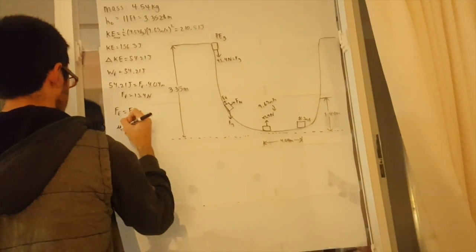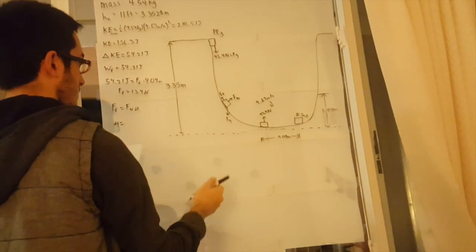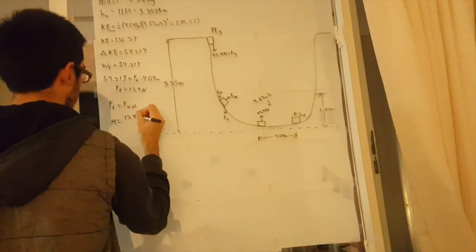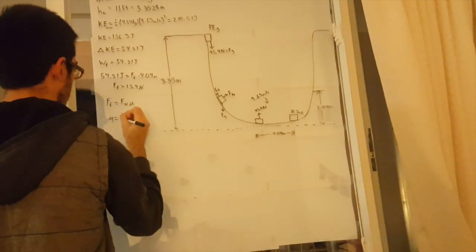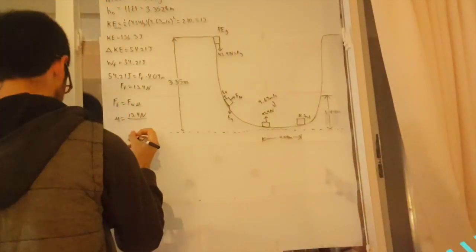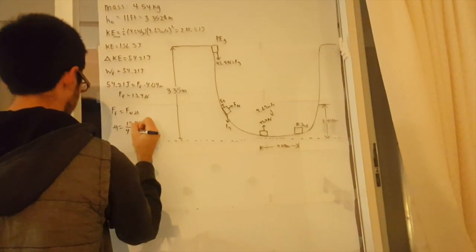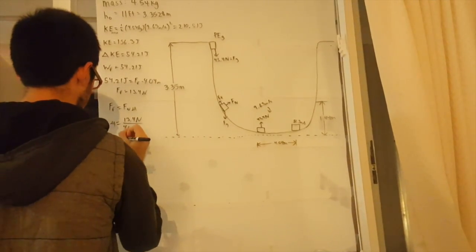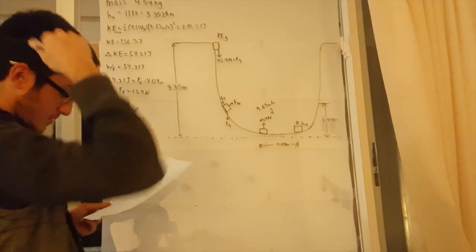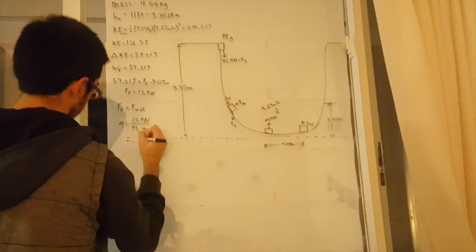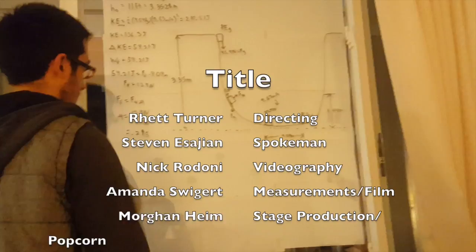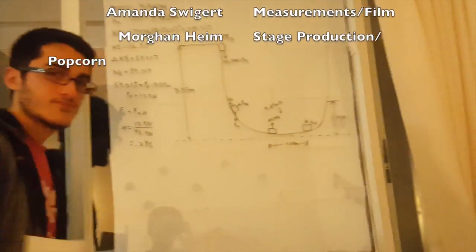So the coefficient of friction equals 13.314 newtons over 3. So we know the coefficient equals 0.295. That's how you found the coefficient of friction.